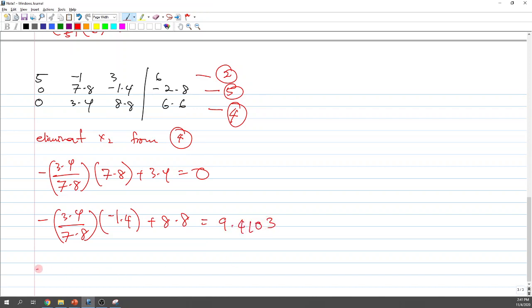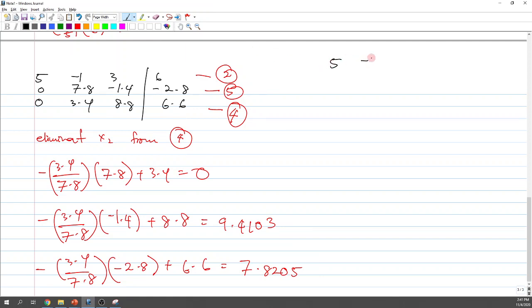Okay, and then the last one is 7.8, negative 1.4, negative 2.8 plus 6.6 become 7.8205. Okay, and then we rewrite again the equation.